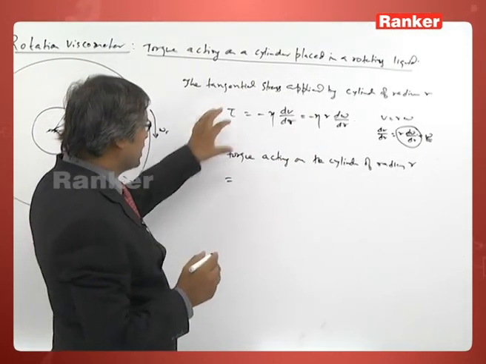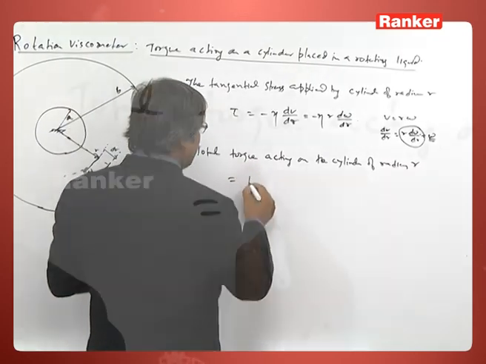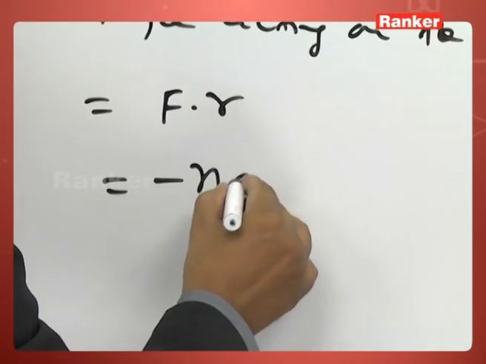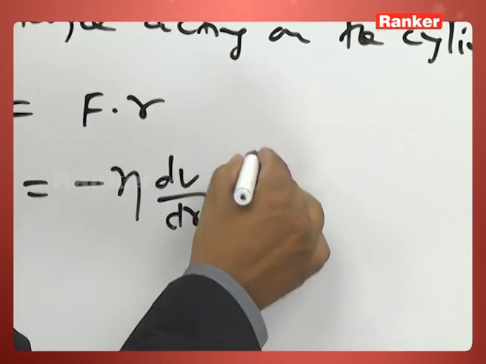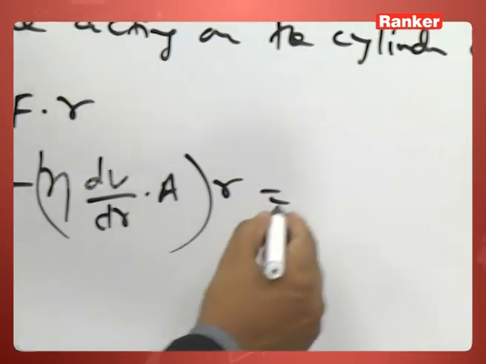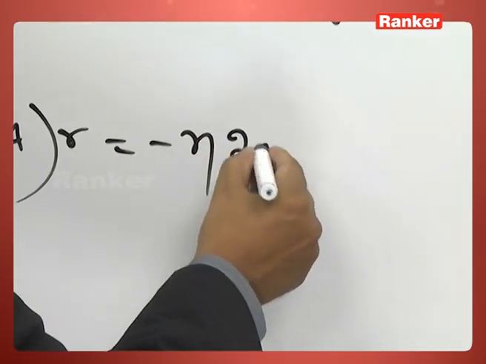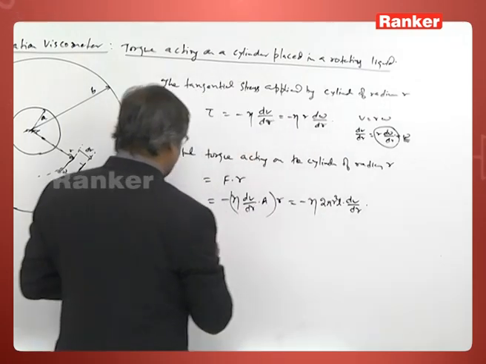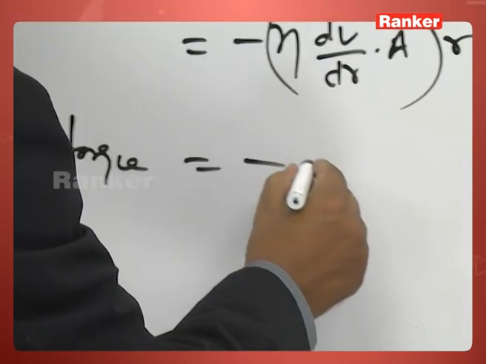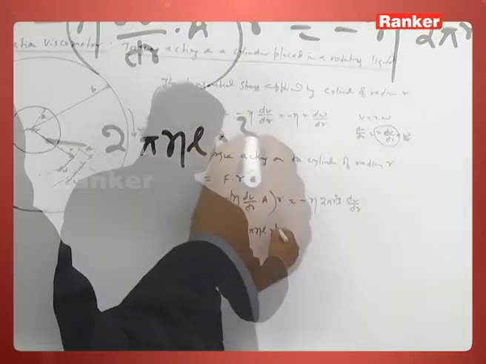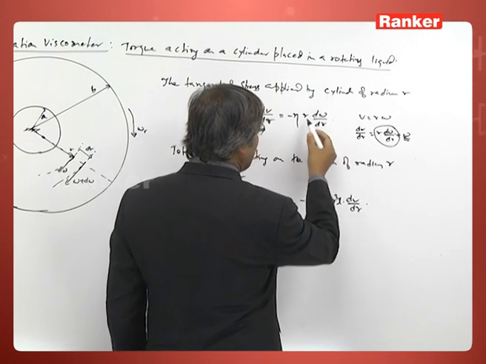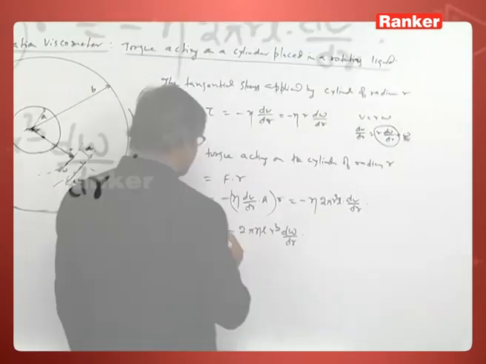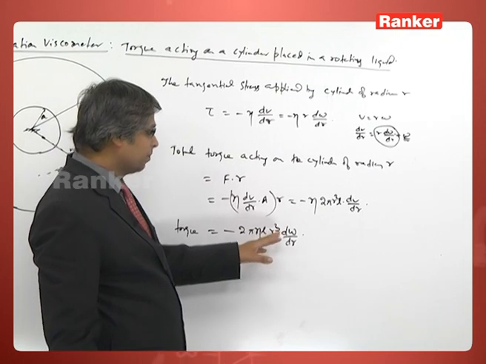So in order to calculate torque, I require force into perpendicular distance r, and that force is eta dV by dr into the curved surface area, into r, that is minus eta, area means 2 pi r into L, this again r means r square dV by dr. So we have total torque equal to minus 2 pi eta L r square dV by dr, we will put this as r d omega by dr. So it will become r cube d omega by dr. So this is the torque that will vary with r.